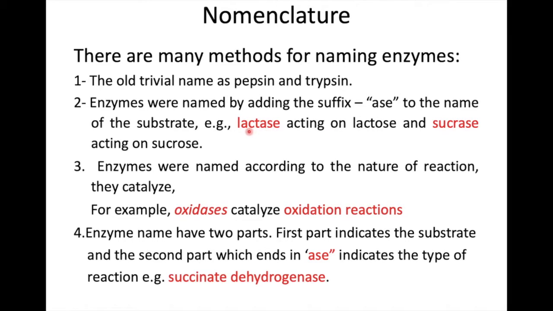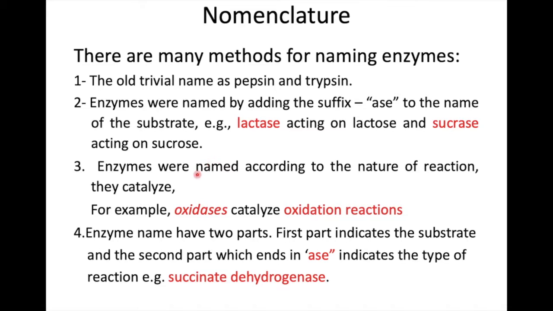Lactase means it acts on the substrate lactose. So the enzyme which acts on the lactose is known as the lactase. And the sucrase, that is acting on the substrate sucrose. So enzymes were also named according to the nature of the reaction they catalyzed.